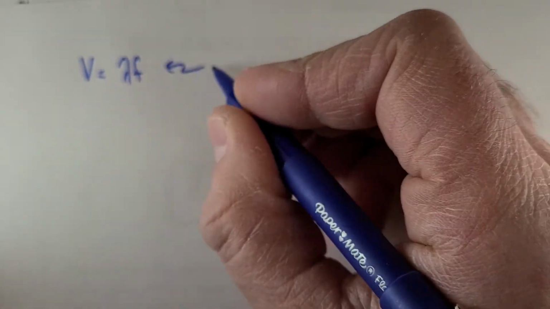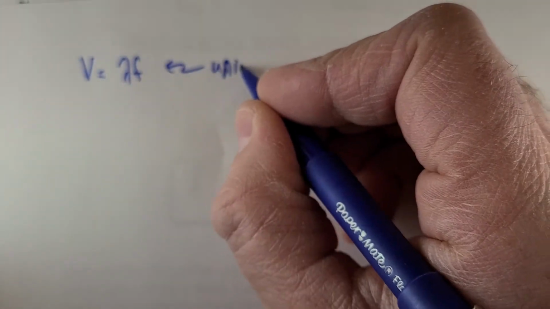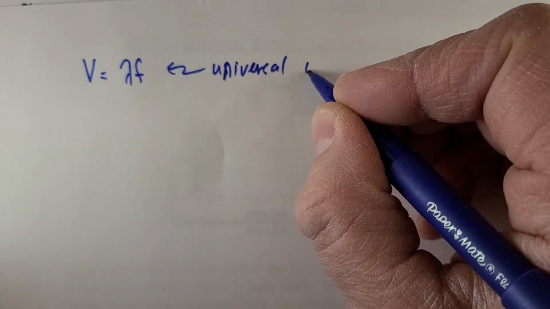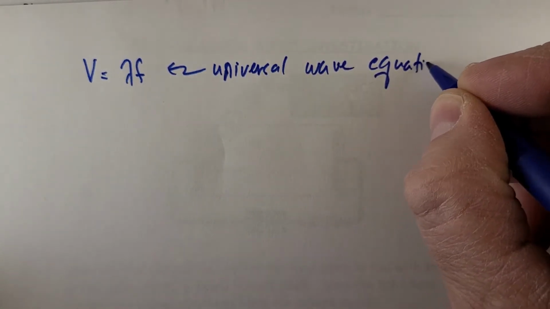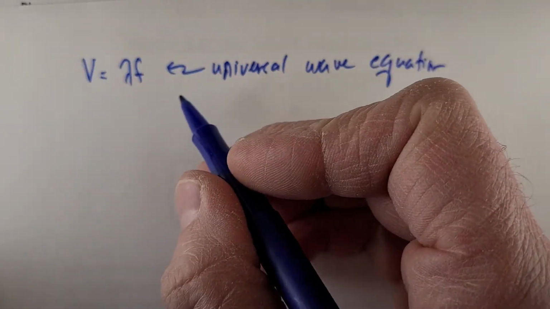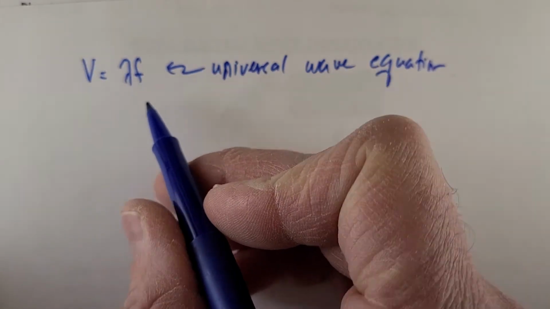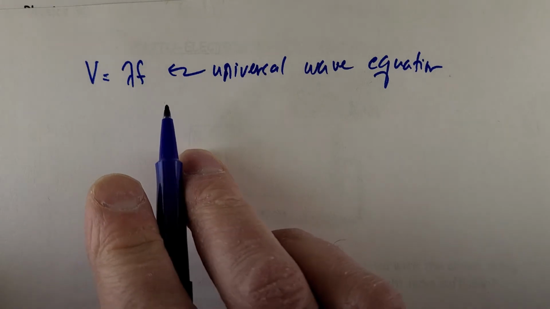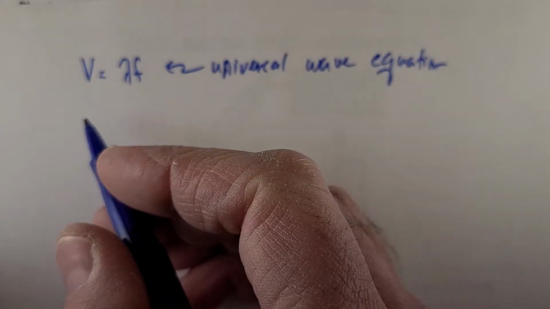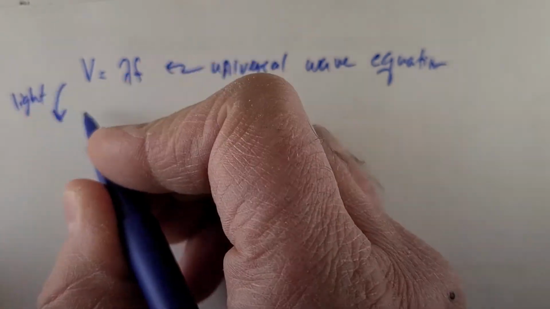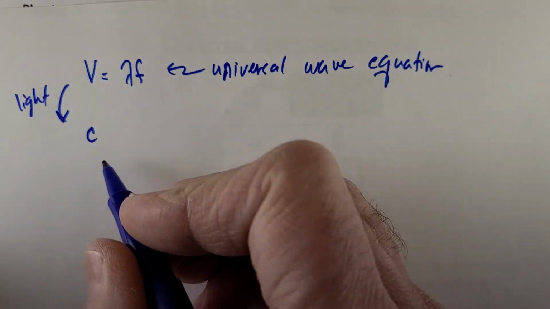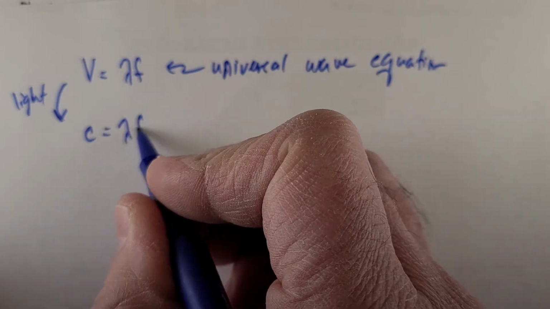So that, of course, is the universal wave equation. And of course we have velocity is equal to wavelength in meters multiplied by the frequency. And if we're talking about light, we can use c is equal to lambda f.